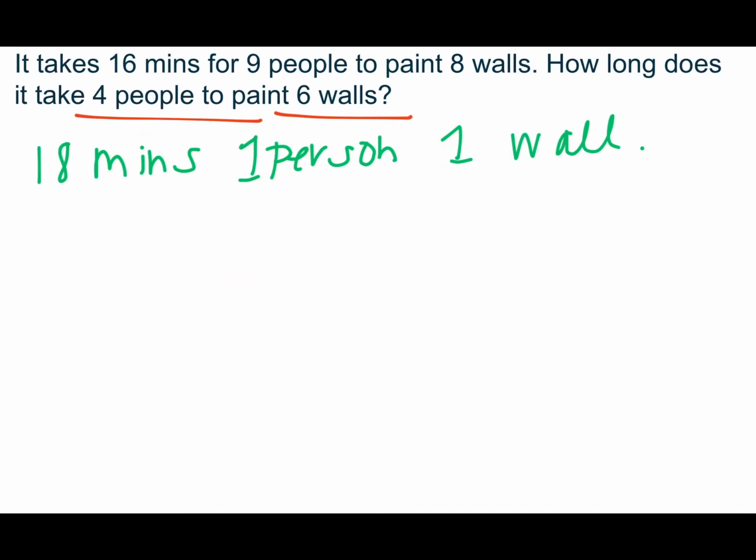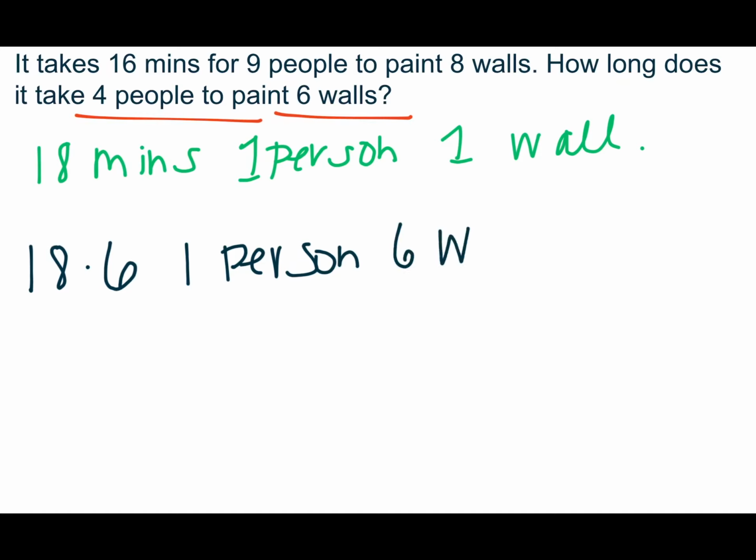So now, if we're looking at 4 people to paint 6 walls, we can first multiply by 6. Let's say we took 18 and multiplied it by 6, that's how long it would take one person if they had to paint 6 walls. But because now it's not one person painting 6 walls, we have 4 people, we can then divide by 4.